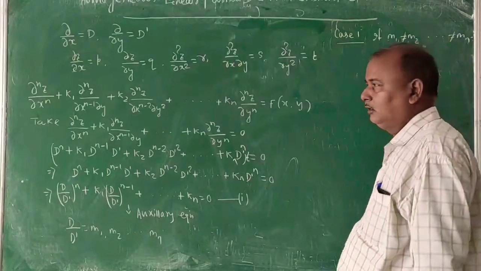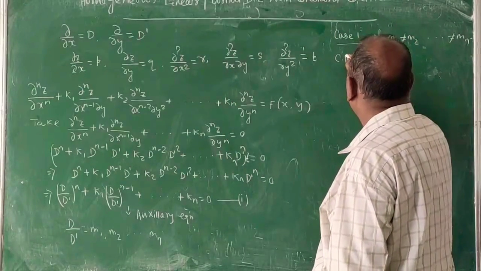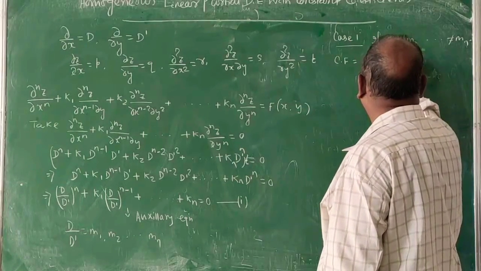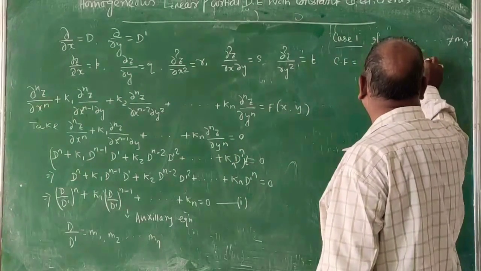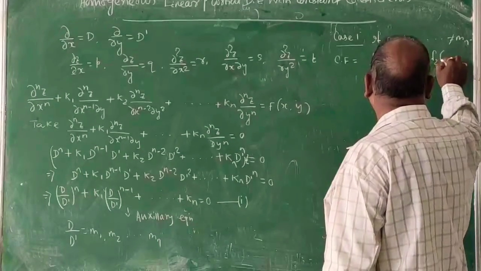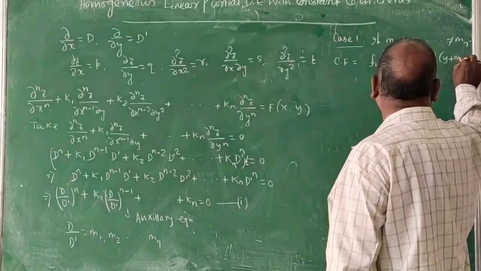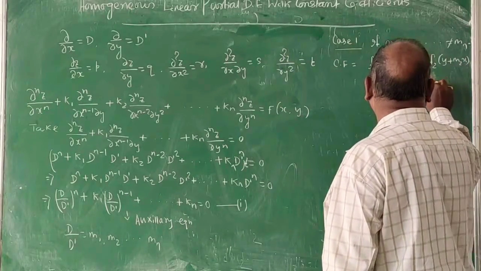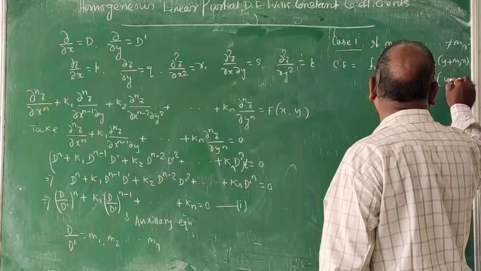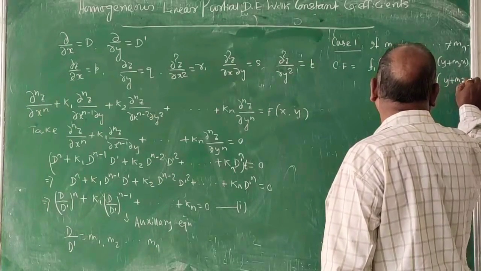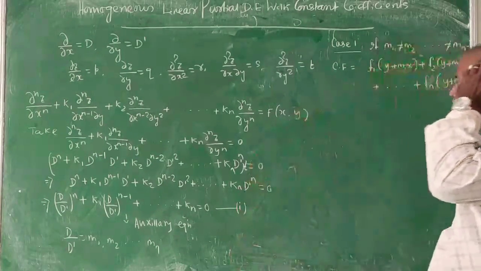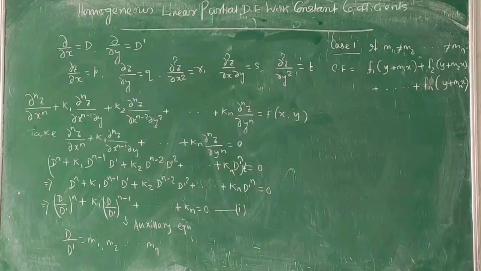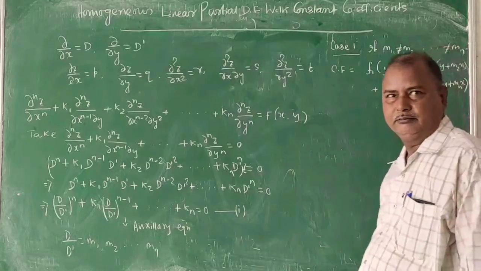Then you obtain the complementary function as f1 of y plus m1 x, plus f2 of y plus m2 x, and so on, up to fn of y plus mn x. So you obtain the complementary function, if the roots are distinct, by dint of this formula.